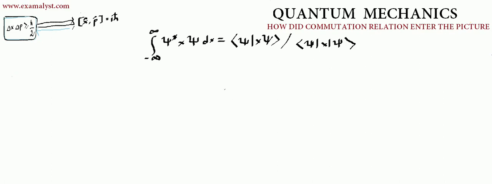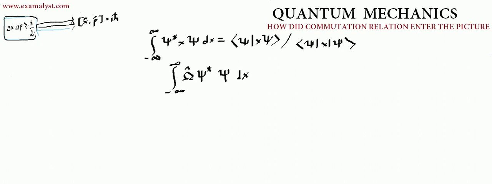However, if the operator is acting on psi star, for example, let us not write it x. How about some arbitrary operator? Let me use omega, some arbitrary operator omega, acting on psi star, and the integral is from minus infinity to infinity, acting on psi star and psi, and that is a dx.